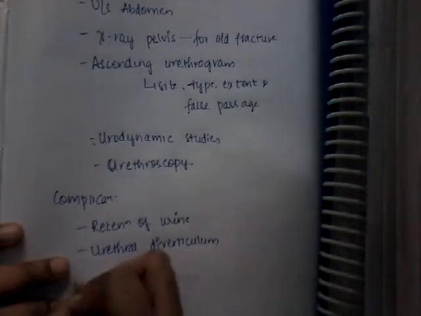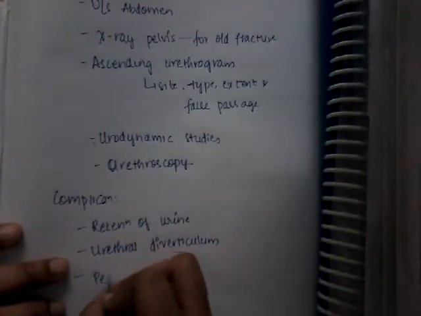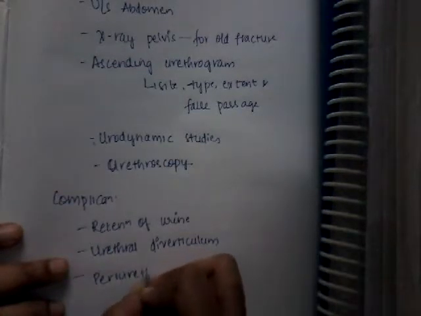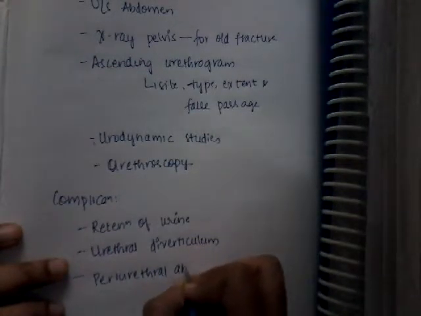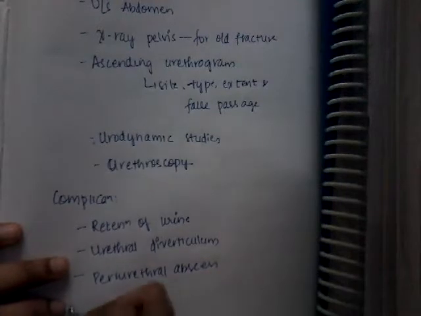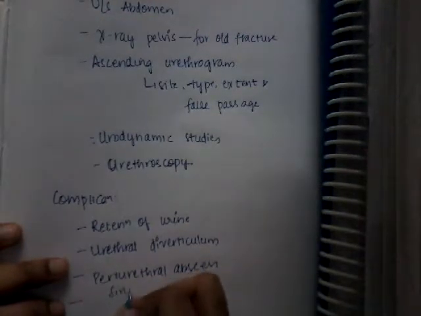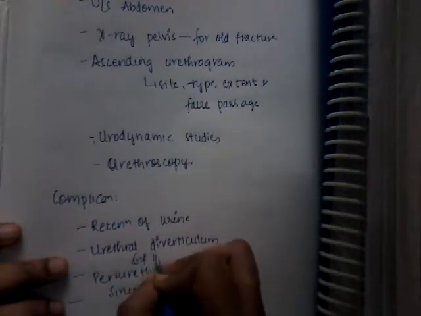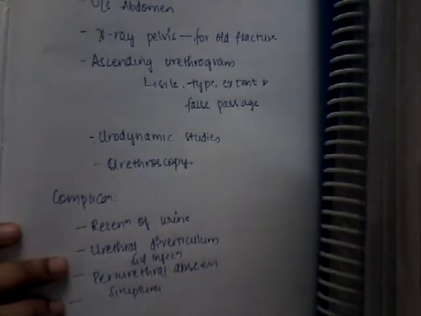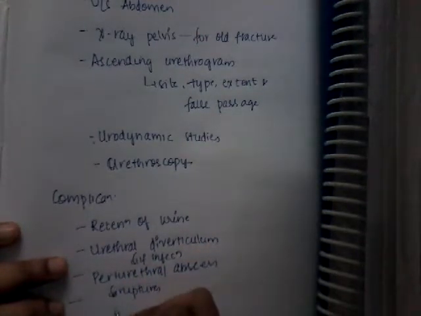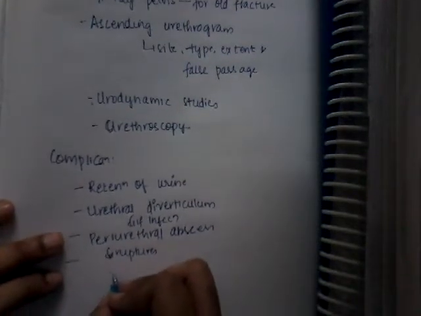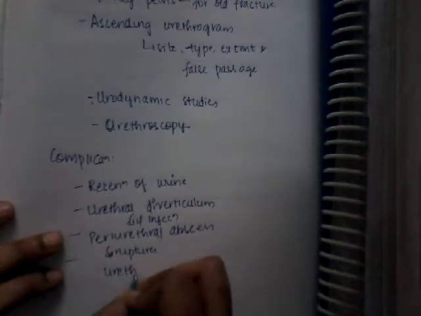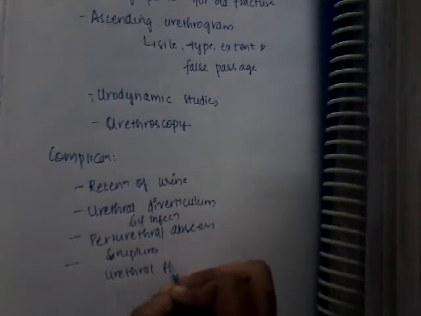And whenever there is infection, there is a chance of periurethral abscess. And when this abscess ruptures, there is fistula formation, that is urethral fistula.